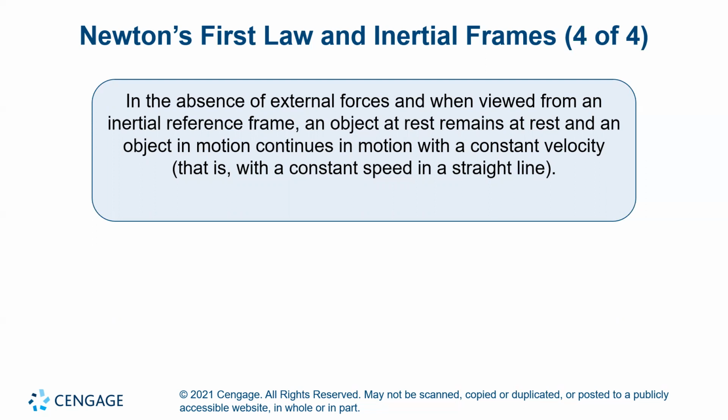So when you're looking at an object from an inertial frame, either you are sitting down or you are moving at constant velocity, and you see that there are no external forces acting on an object, which is impossible on this Earth because there are so many forces, so many interactions on this Earth, gravity being the biggest one.